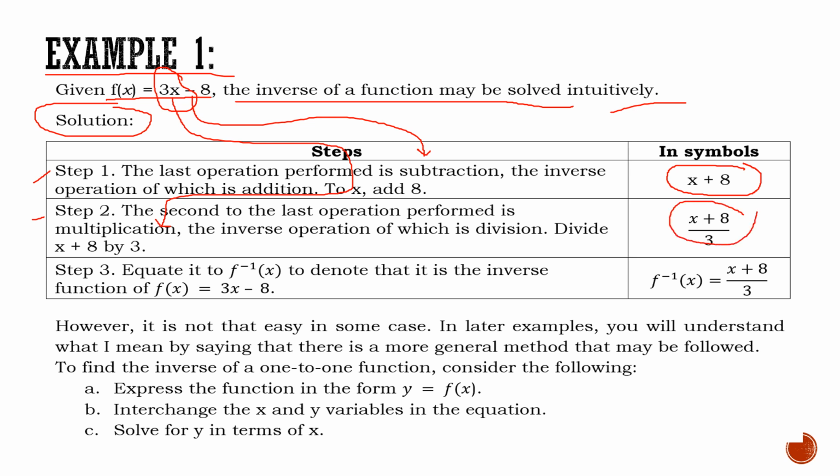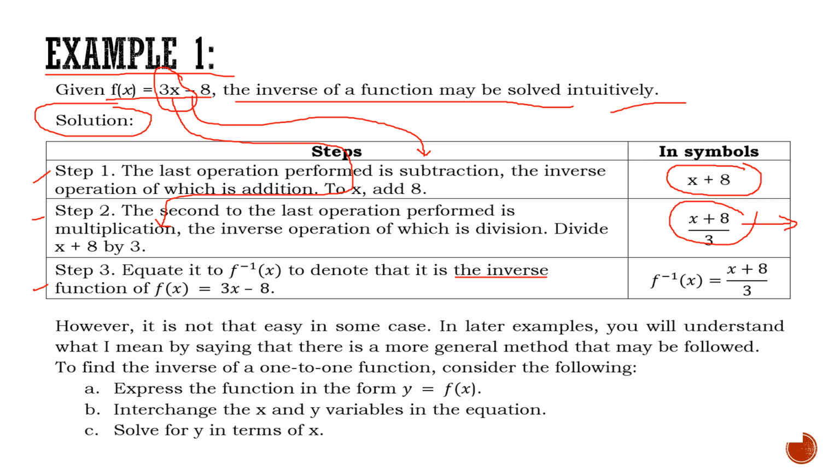Now, for step number 3, equate it to f raised to negative 1 of x to denote that it is the inverse. Whatever your resulting value in step number 2, that will be the inverse function of the original function.